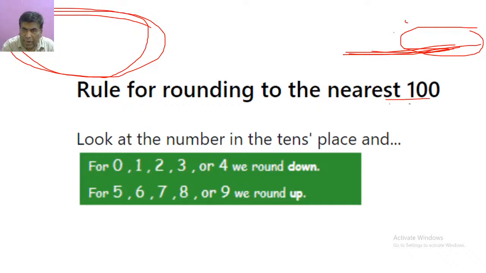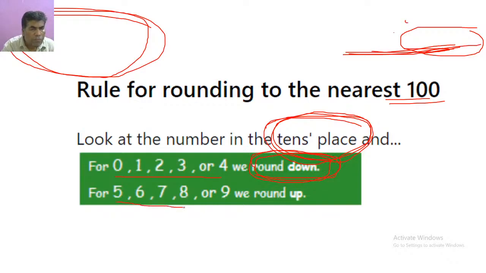For the nearest 100 also, the same rule applies. But here we have to see the tens place. If in the tens place we have 0, 1, 2, 3, 4, then we have to round it down.